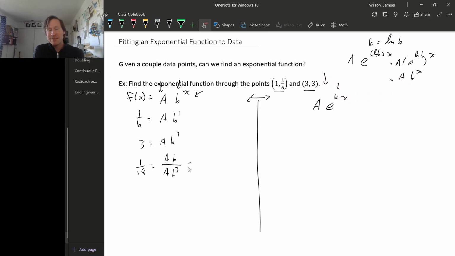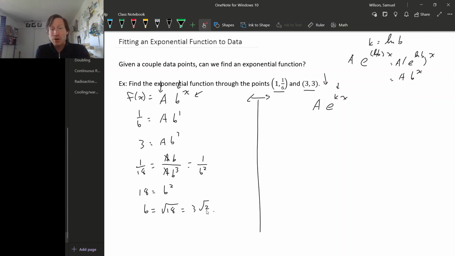This always happens for this exponential formula: the a's will simplify away, and b over b cubed is 1/b squared. So 1/b squared is 1/18, and this means 18 is b squared, and this means b is the square root of 18, which is 3√2.